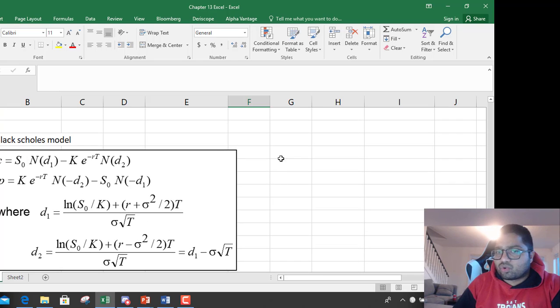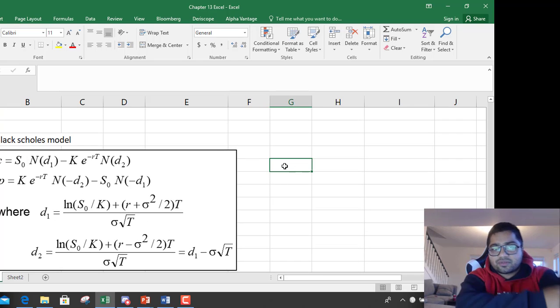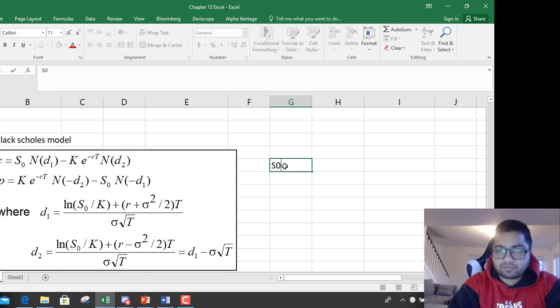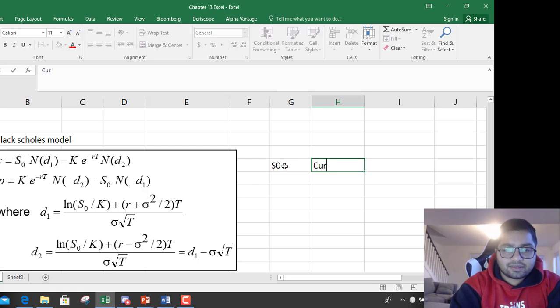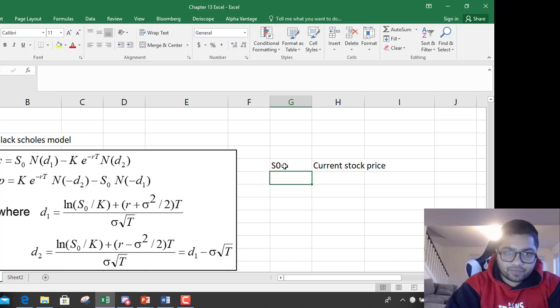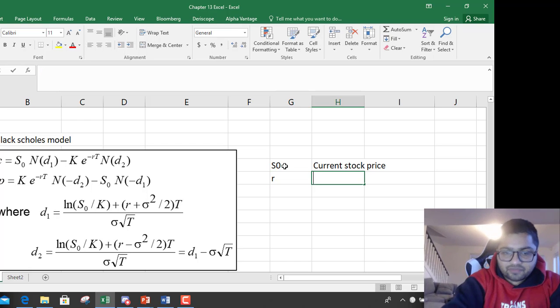I'll note down what variables we are going to use. S0 is current stock price. Then we require R, which is risk-free rate. Then T is time.